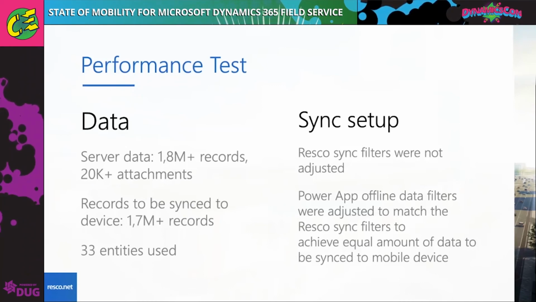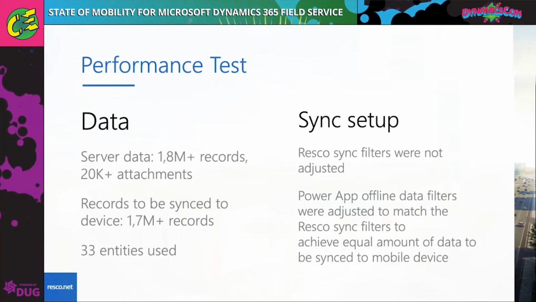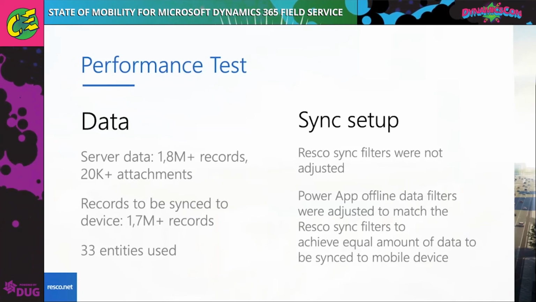And then what was actually synced to the mobile devices was about 1.7 million records distributed over 33 entities. For some of you, I know you're thinking, oh my God, that's so much data, so many entities. You'd be actually surprised when we sometimes run statistics and survey how our customers use Resco technology.